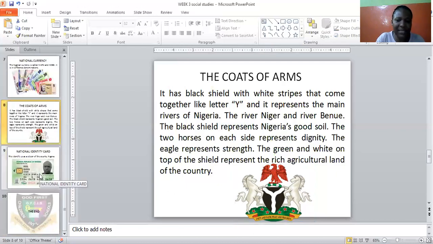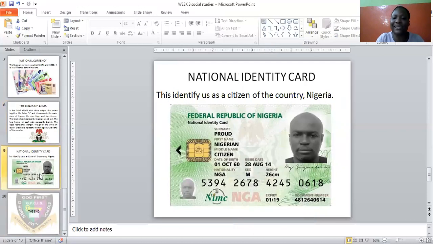The next national symbol we are looking at is the national identity card. Can you see the national identity card? That's why all the sectors in the nation are making it compulsory that you must come with this national identity card. This identifies us as citizens of the country.